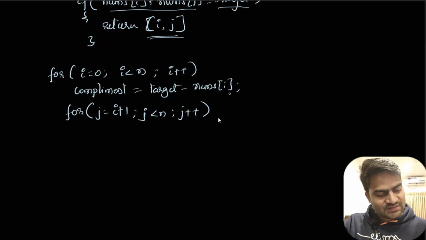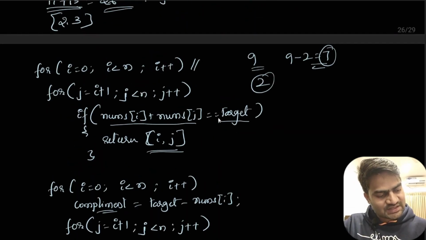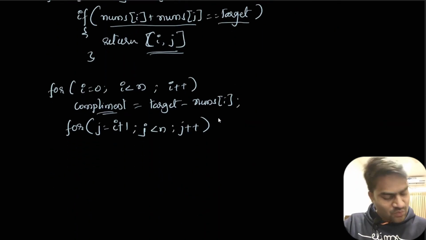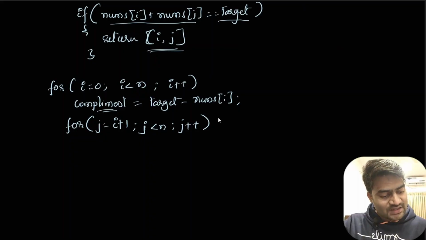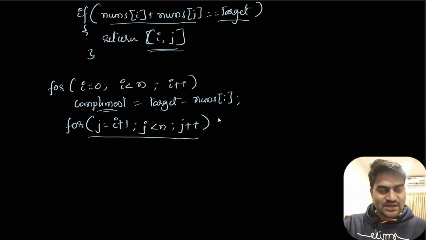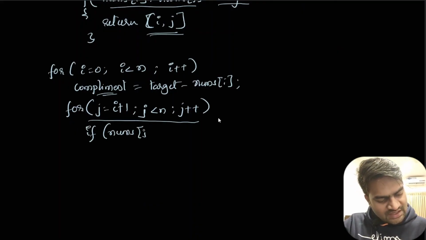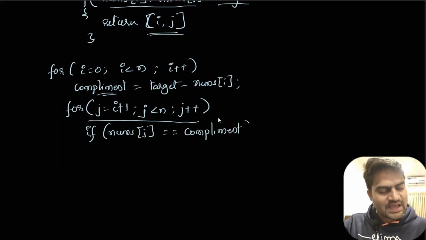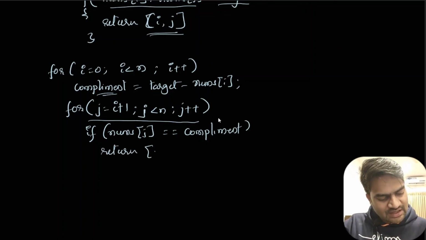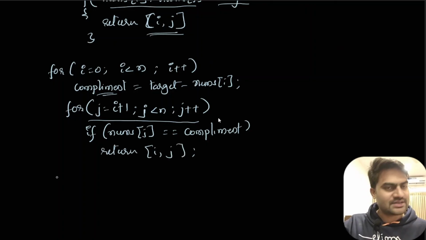Okay, so this will give us the complement value. Now I will do the linear search using this particular loop. So if nums of j is equivalent to complement, then I found my pair, and I can simply return i comma j.